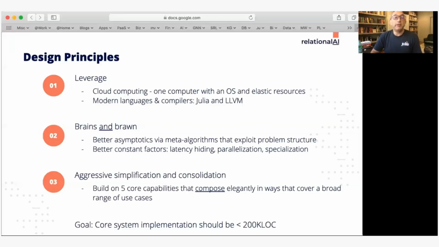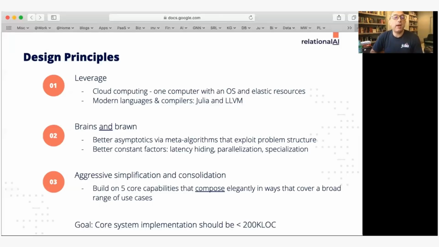We're also building a system that is clever and strong. Most systems today that are built with performance and scalability in mind achieve that by throwing hardware at the problem. We want to go faster and be more scalable by avoiding work, not just doing the same units of work with many, many more workers.